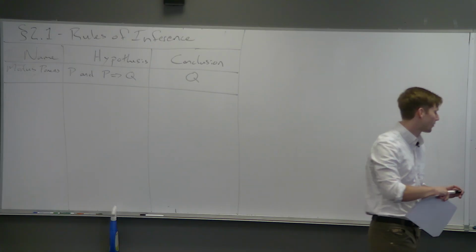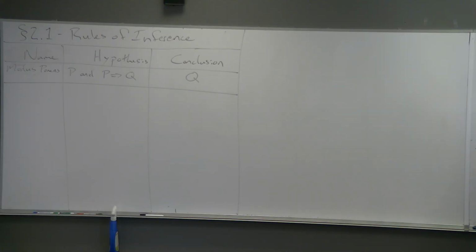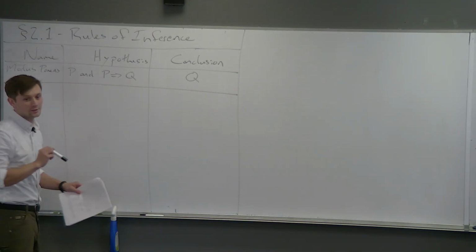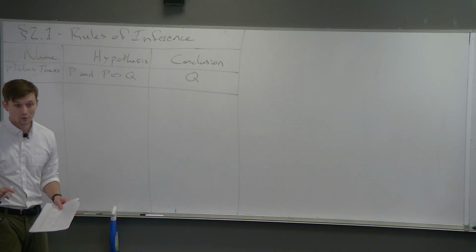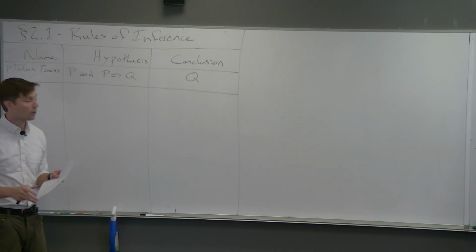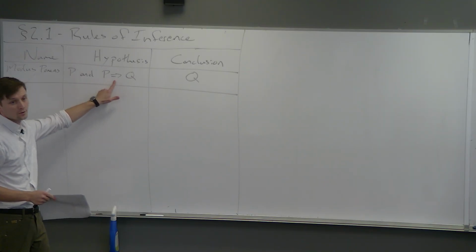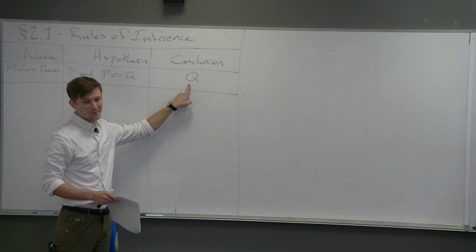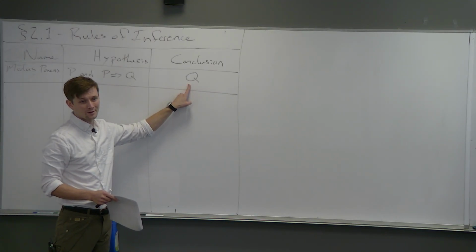Suppose your two hypotheses have the truth value true. That is, suppose they're both true. The claim is that if both of these things are true, then this thing has to be true. Does that make some sense? Remember this business?